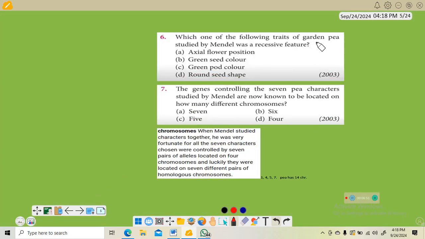Which one of the following traits of garden peas studied by Mendel was a recessive feature? For the recessive feature, first we will see what they have given us: seed shape, color, then pod color, and pod. If you see, the color of the pod is like the outer covering, that is green. So basically that is dominant, in simple terms you can make out.